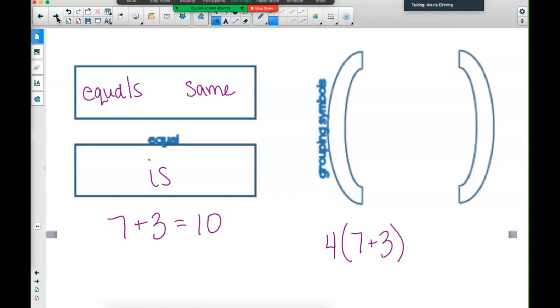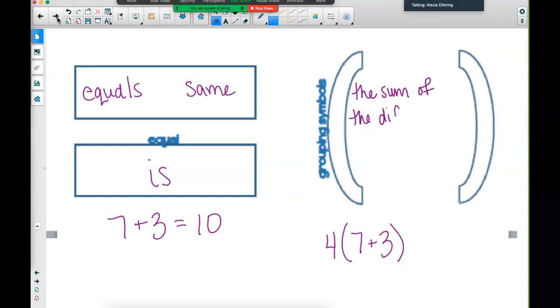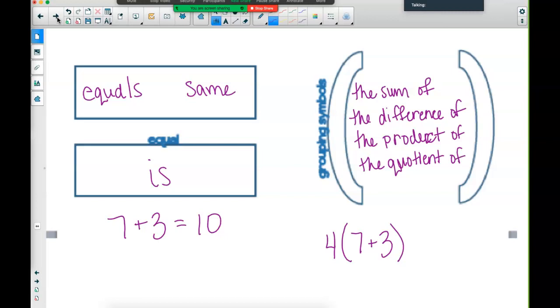So anytime you see parentheses, you're going to use these phrases. The sum of, or the difference of, or the product of, or the quotient of. So one of those 4 phrases.